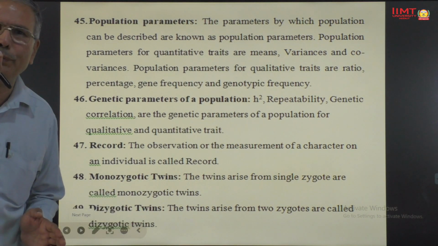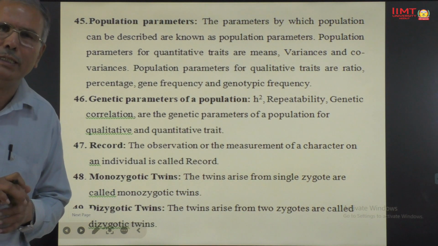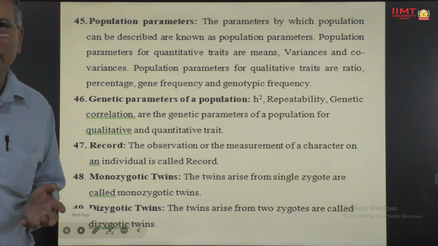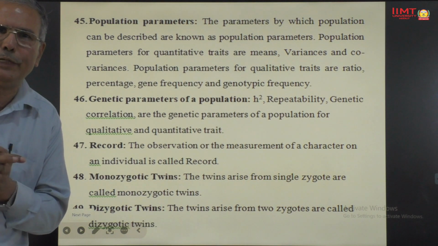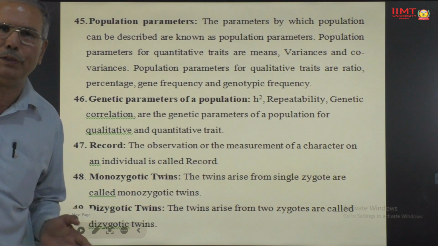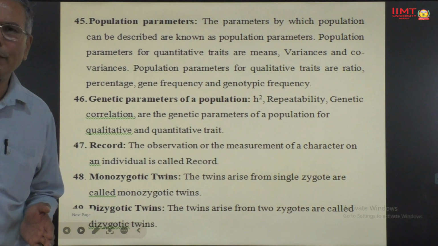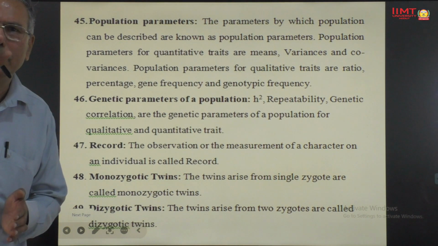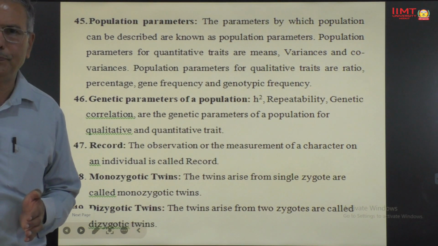The sex of both twins will be the same: either both will be male or both will be female. The phenotypic expression of monozygotic twins is 100% similar if the same environmental conditions are provided for both.